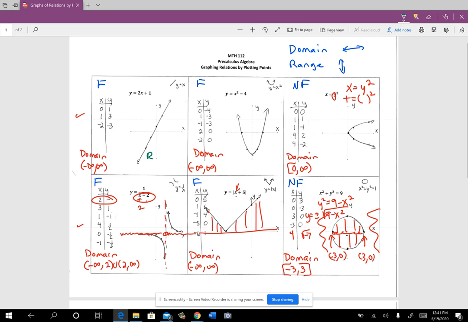All right, so for the range, you can see the arrow keeps going down, the arrow keeps going up. The range would be negative to positive infinity. All right, on this one, let me move that, what I just wrote, out of the way a little bit because I want you to see this.